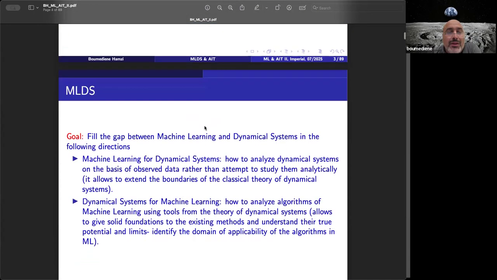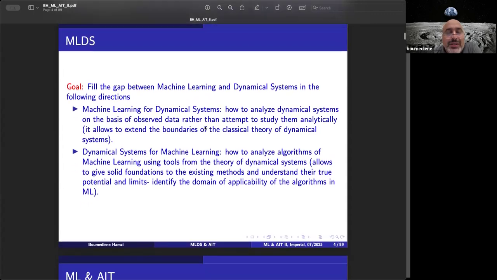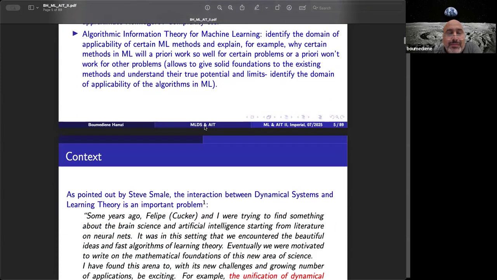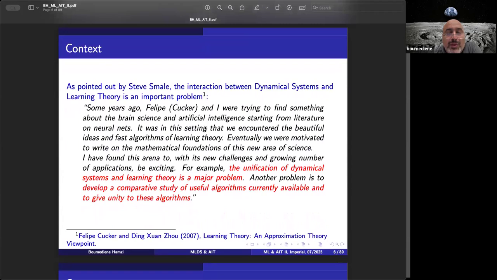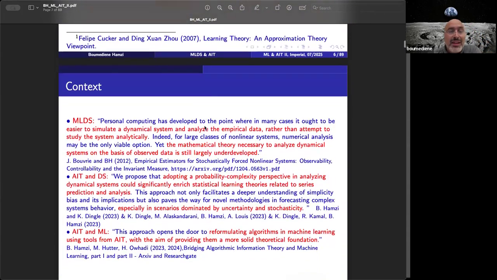This is what I mentioned yesterday: machine learning for dynamical systems and vice versa, ML for AIT and vice versa. The unification of dynamical systems and machine learning is an important thing, as pointed out by Steve Smale almost 20 years ago, and this is how I ended up starting this journey of machine learning and dynamical systems.